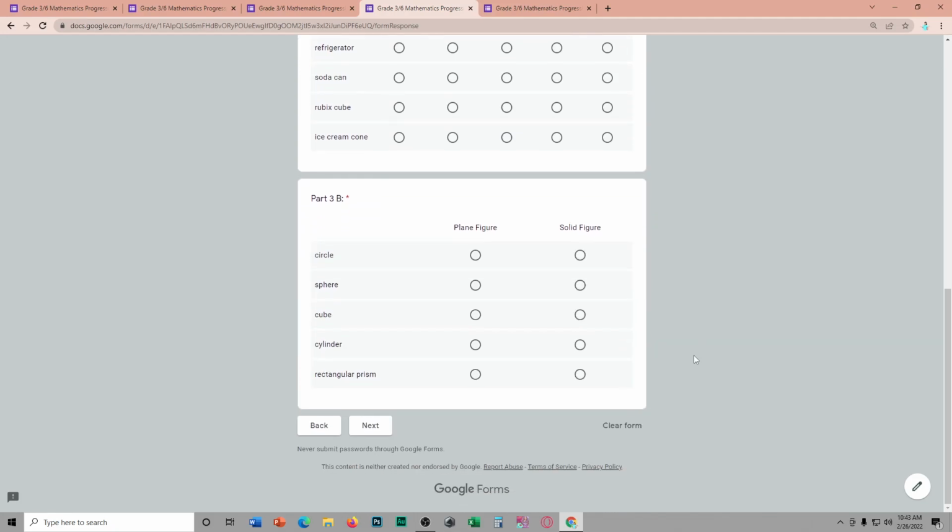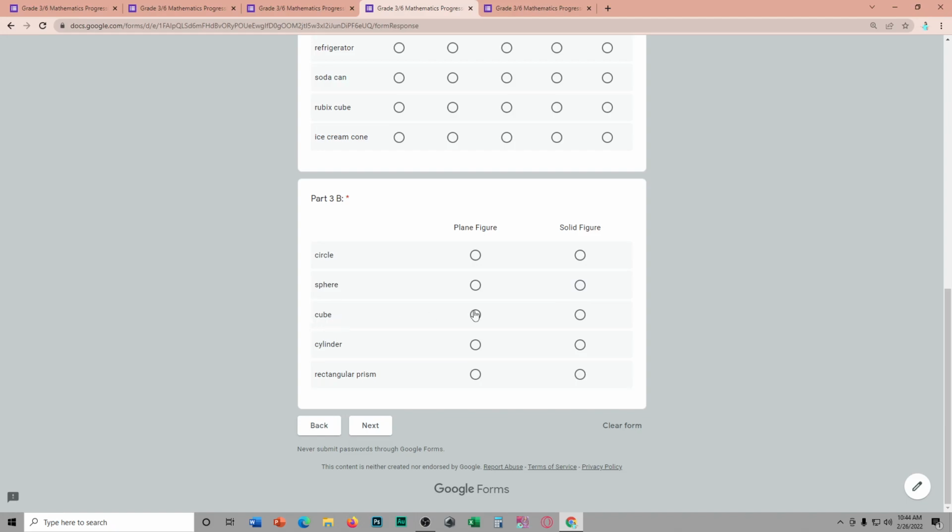For part 3B, we have the choices plane figure or solid figure. Number 1 is circle. Is circle a plane figure or a solid figure? Sphere. Is it a plane figure or a solid figure?